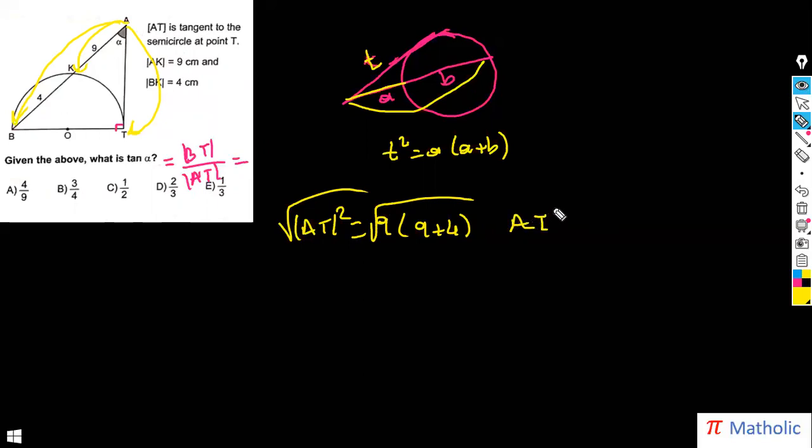So which makes AT equal to 3 radical 13. So we know this one is 3 radical 13.